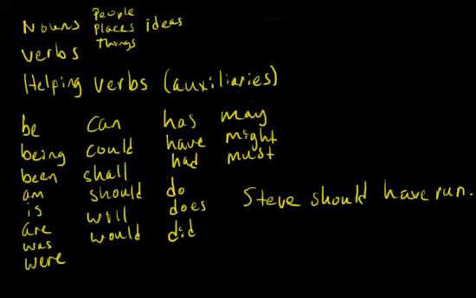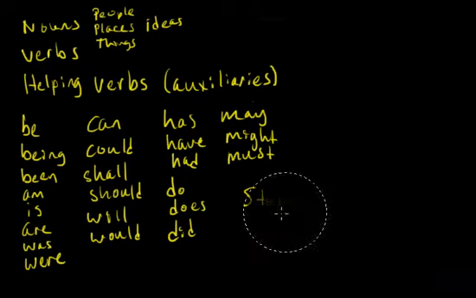In this sentence, if I said circle the verb, you would circle once again the entire verb with its auxiliaries.